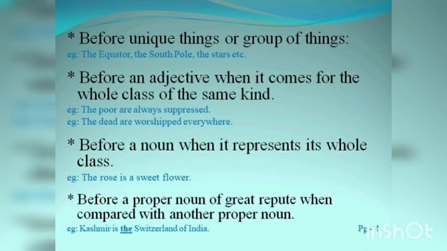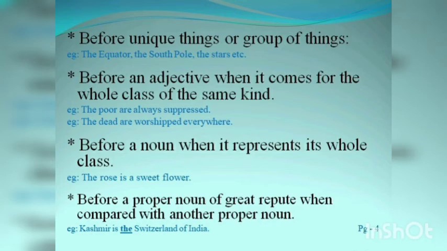Next, before an adjective when it comes for the whole class of the same kind. It means whenever an adjective is used in a sentence, and if its reference is to the whole class of the same kind, we use 'the' before it.